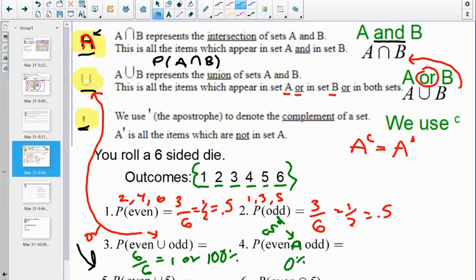Now the probability of getting an even, or, remember that means "or", a 5. So our probability of even, we said, was 0.5. Or, sorry, I'll do 3/6. So we have 3/6. Here, I'll underline our even, we have 2, 4, 6, or 5.